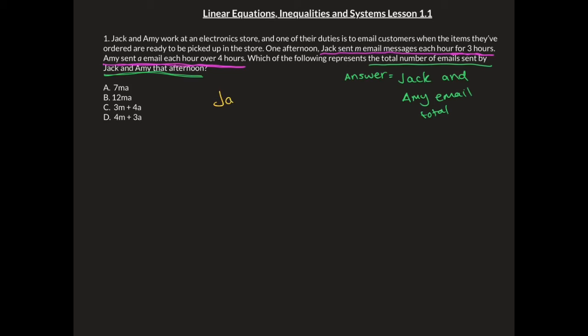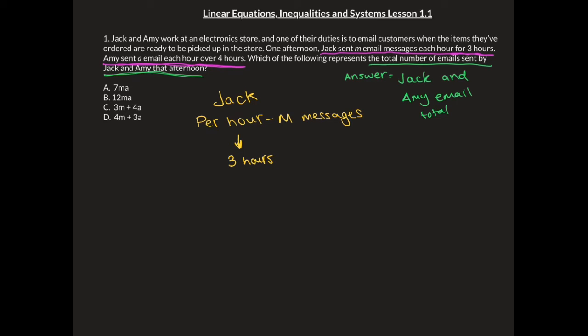So Jack is basically, let me write here. This is Jack. Per hour, Jack does M messages, and he continues this every hour. He sends M messages, and he continues this cycle for 3 hours.